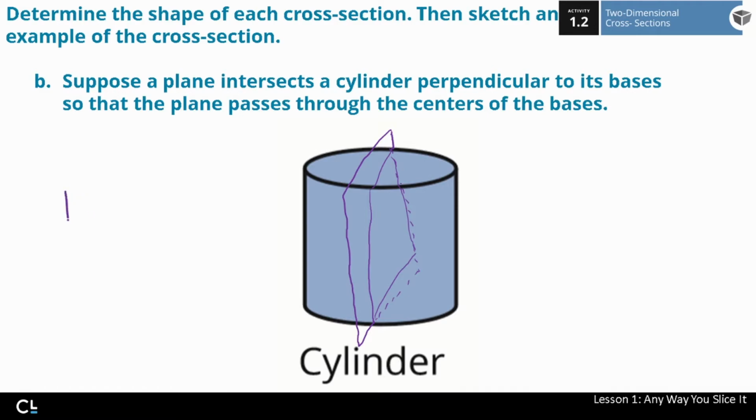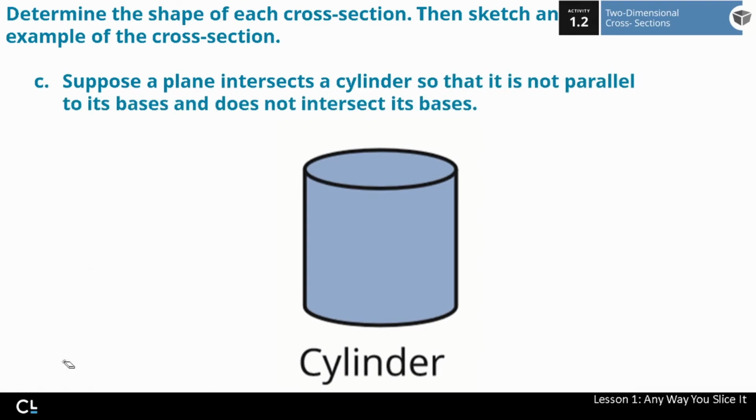But what it's going to give us is a rectangle, right? Where the rest of this rectangle would kind of look something like this, right? That would be the back of it, which is half of the top of this cylinder. You'd have lines coming down here, looking something like that, right? But we'd have a rectangle where this is our height and this is the diameter, right? Up top here would be the diameter of our circle, or the base, and going up and down here would be the height of the cylinder.